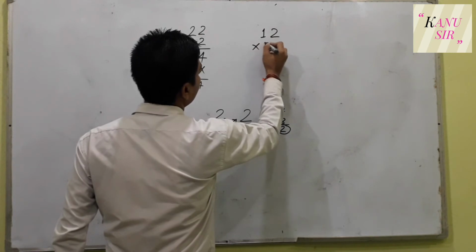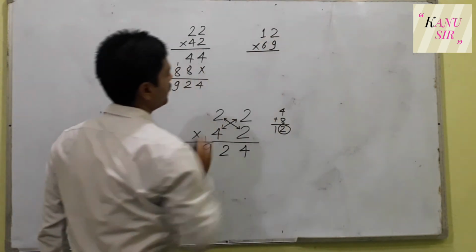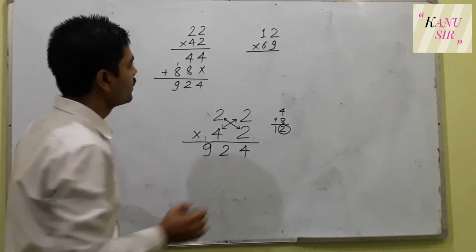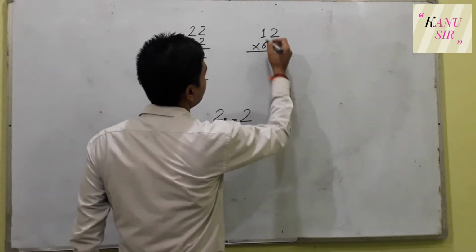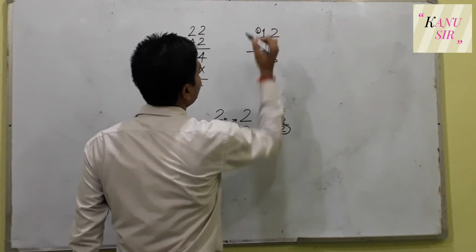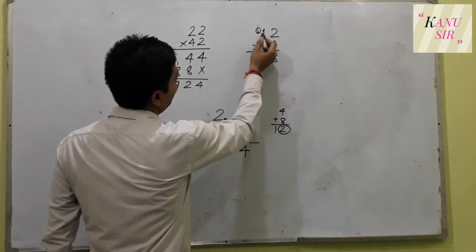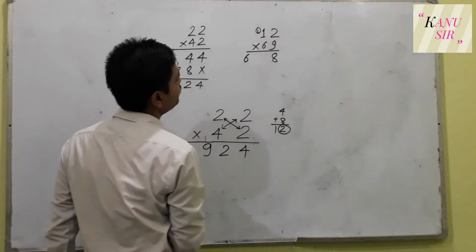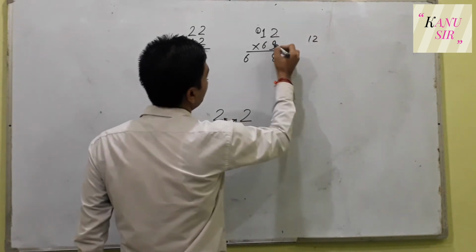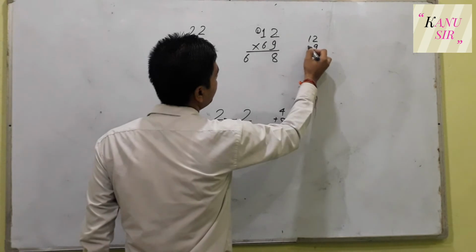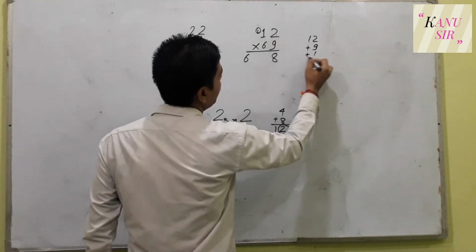12 times 69. A bigger number, 9. So 9 times 2 is 18. You write here 8 and carry 1. And 1 times 6 is 6. Now cross multiply: 6 times 2 is 12, 1 times 9 is 9, and 1 added.